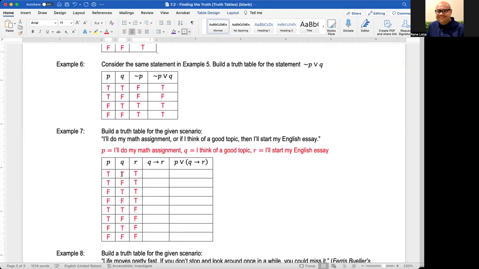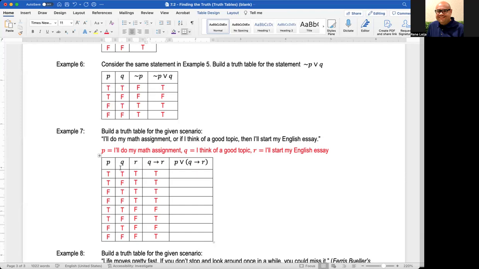True to true, that's true. False to true, that's true. True to true, that's true. False to true, that's true. And here it is, true to false, that's false. False to false, that's true. Here's another one, true to false, that's false. And then false to false, that's true.